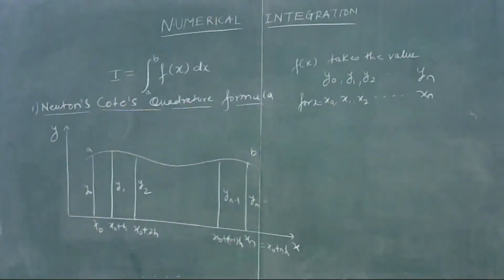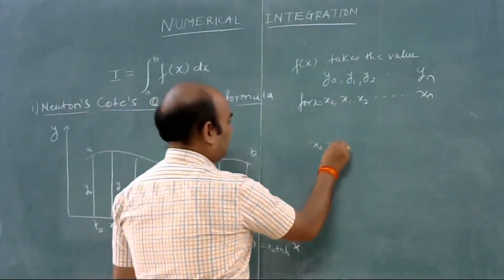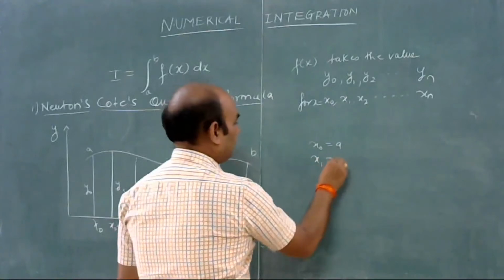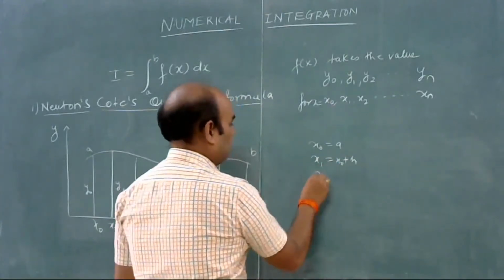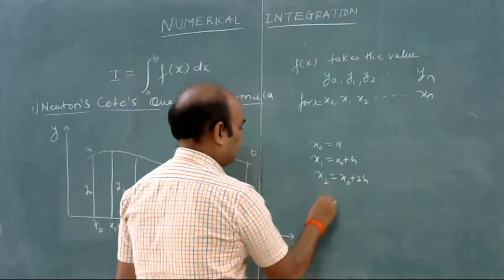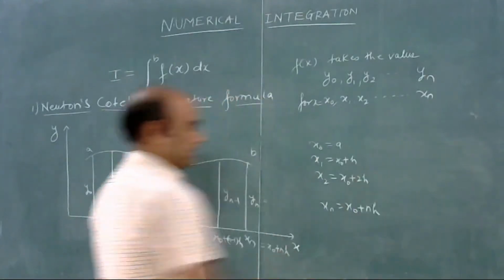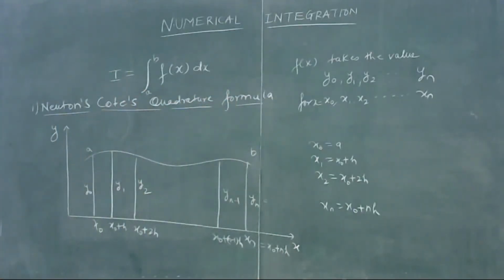Okay, so the curve is divided into n sub-intervals with width h, and x0 is equal to a. So x1 will be equal to x0 plus h, x2 is equal to x0 plus 2h, up to xn, which is equal to x0 plus n into h.